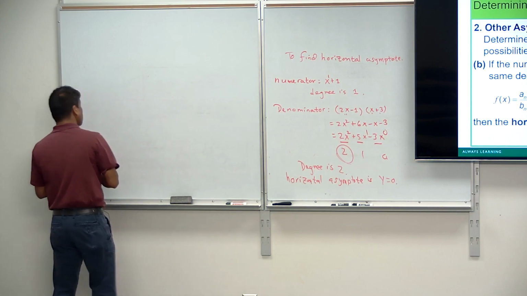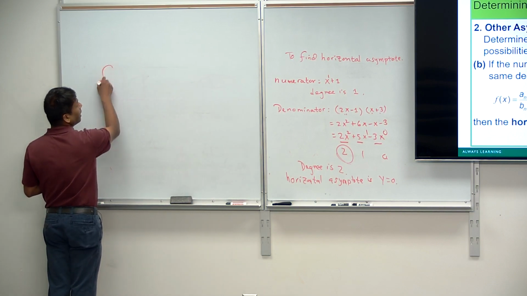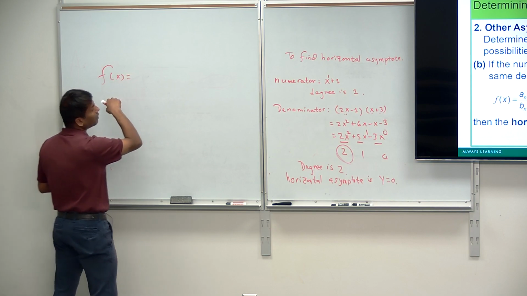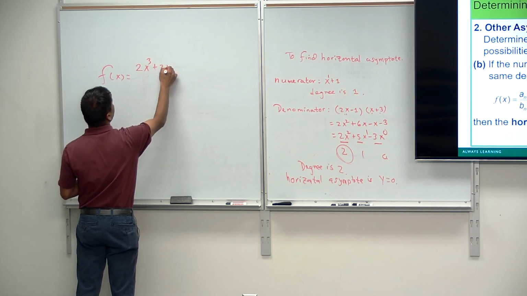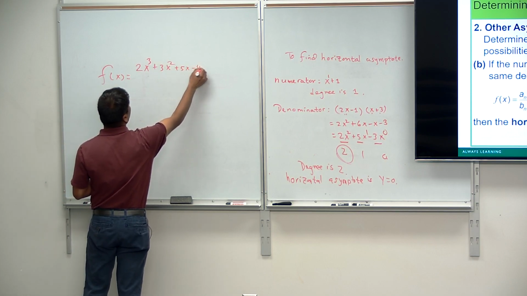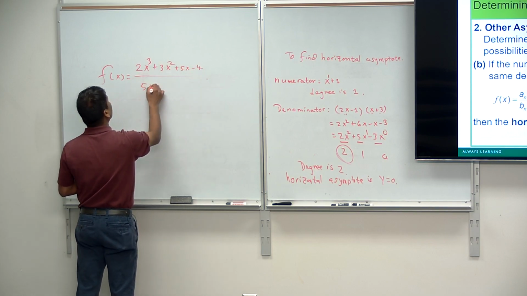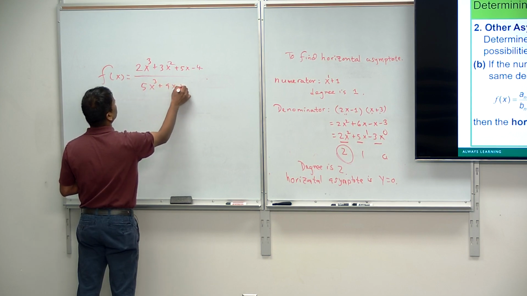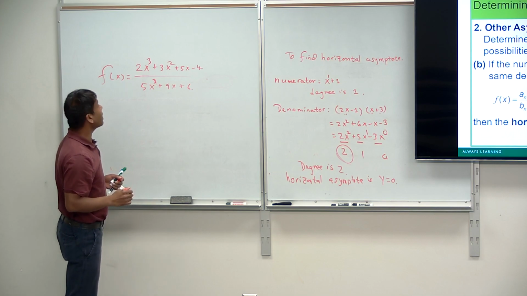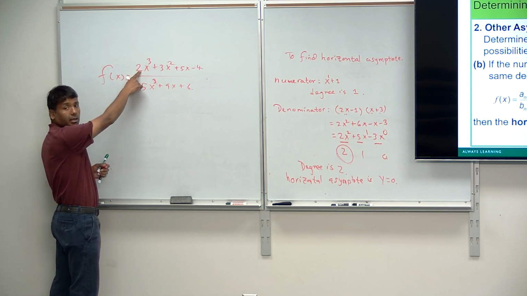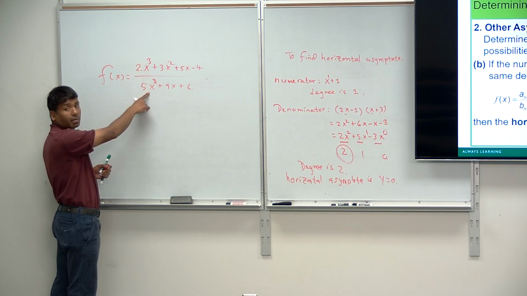Okay, guys. For example, let's say your function f(x) equals 2x cubed plus 3x squared plus 5x minus 4 over 5x cubed plus 9x plus 6, something like that. Look here. What is the degree of the numerator? 3. What is the degree of the denominator? 3.